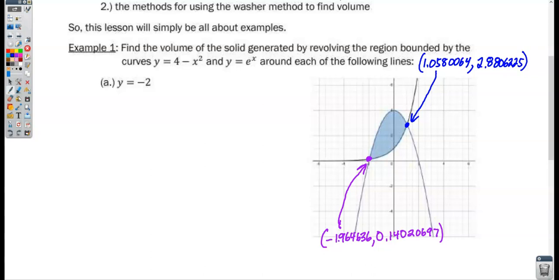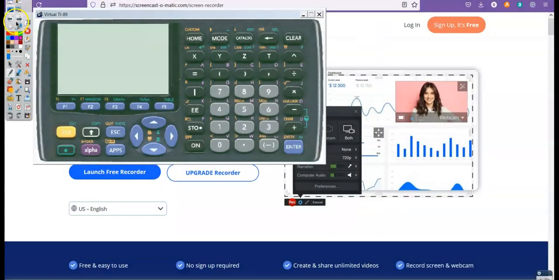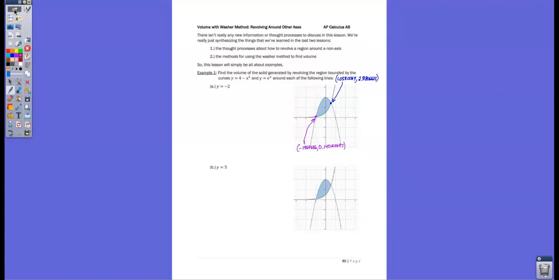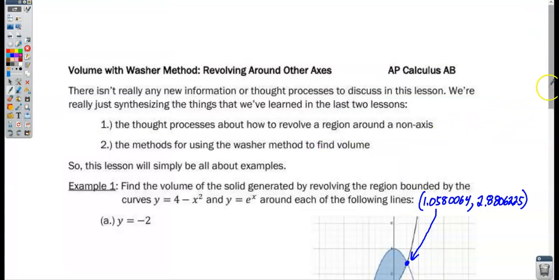All right, so first things first, we're going to revolve this region around the line y equals -2. So I'm going to go ahead and draw in the line y equals -2, which is this line right here. Oh, what is going on? Maybe it's not the fact that I wasn't recording.